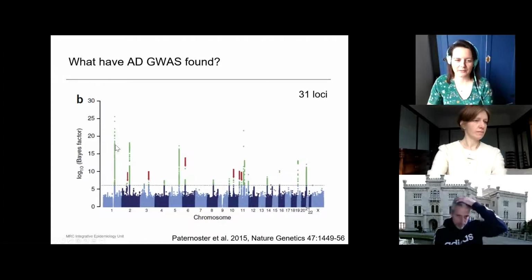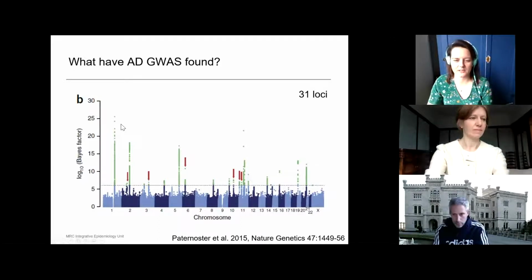I'm not going to talk about the filaggrin region in any more detail in this talk, but just to note, that is the strongest signal that we see from a GWAS, even though that gene was originally identified through alternative methods. It's still the one that's coming up strongest in a GWAS study.